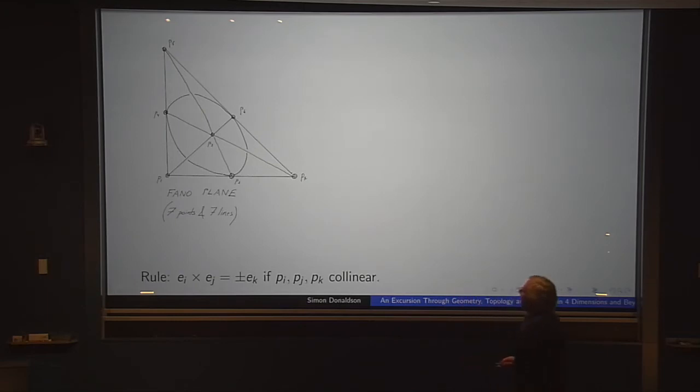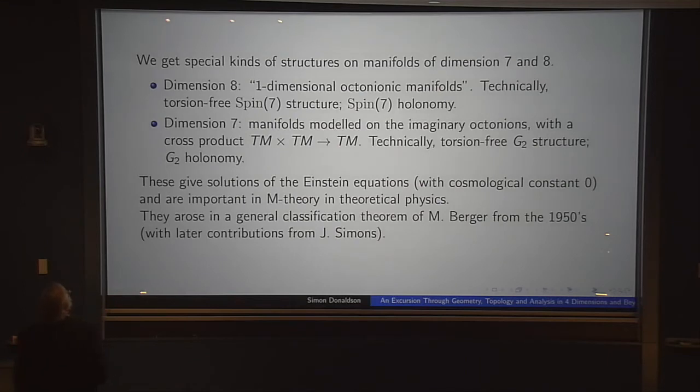So we use that to define a cross product: e_i times e_j is plus or minus e_k if the corresponding points lie on a line. I'm not telling you what the plus or minus is, but up to sign, the combinatorics of this thing defines a product on R7, and that gives the Octonions.